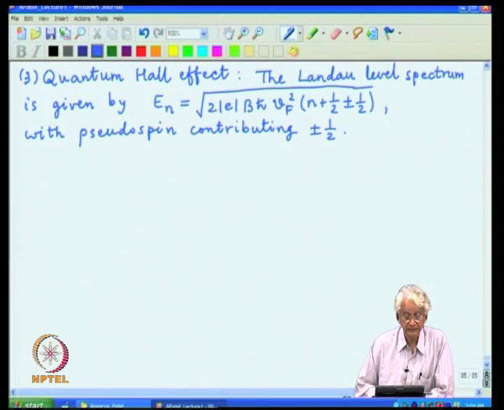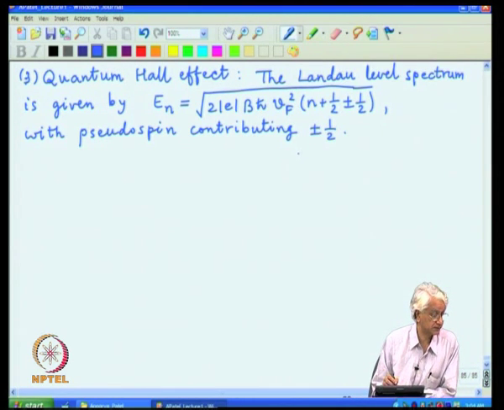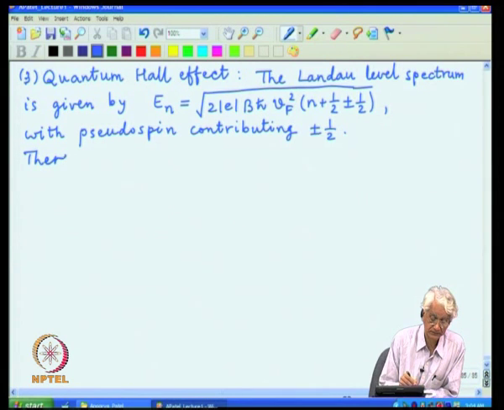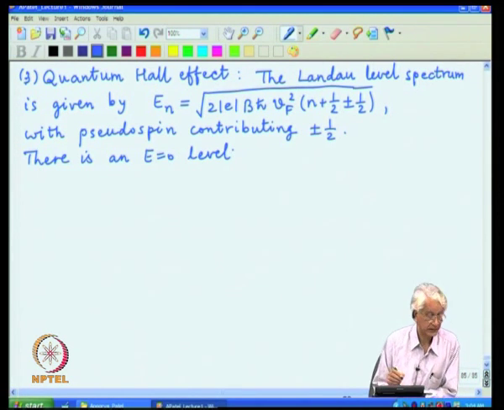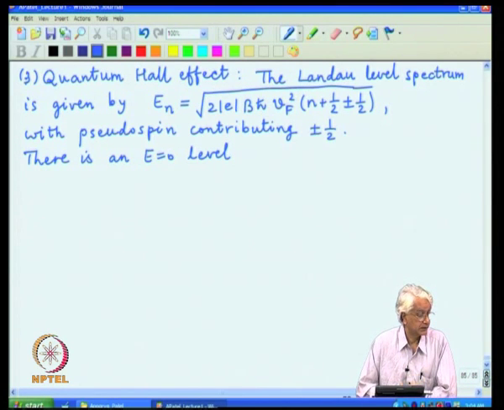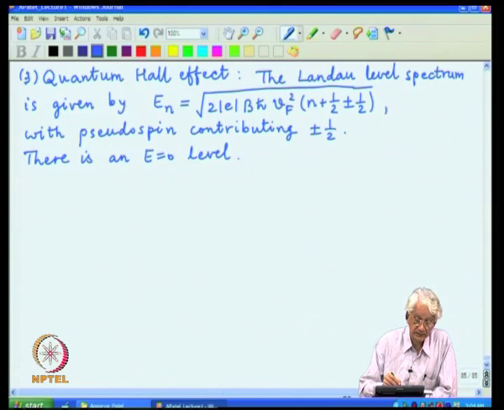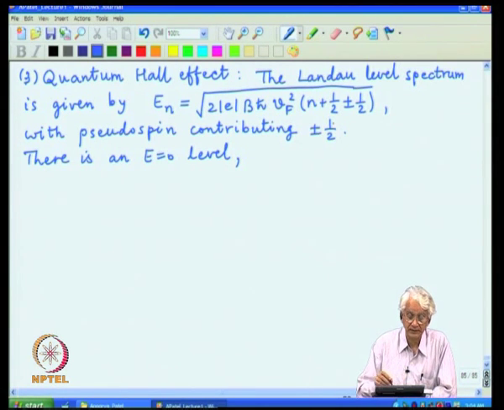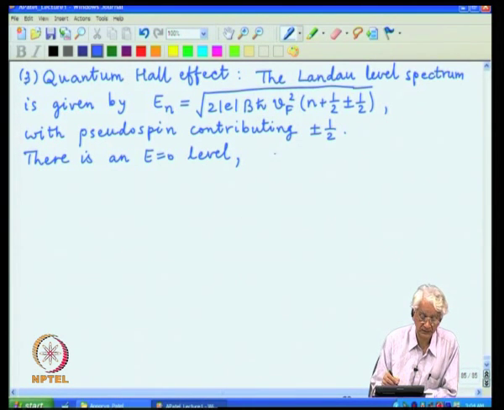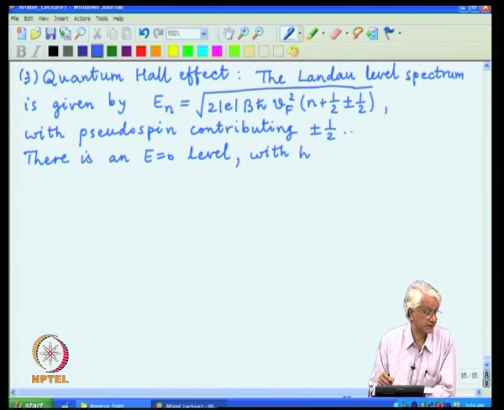So, this is a spectrum, in particular the smallest value is 0, but there is slightly different dependence on the quantum number n compared to all the other energy levels which are non-zero, and that is that any other value for a different integer can be obtained in two separate ways.